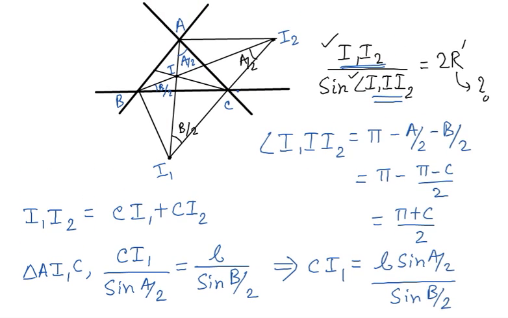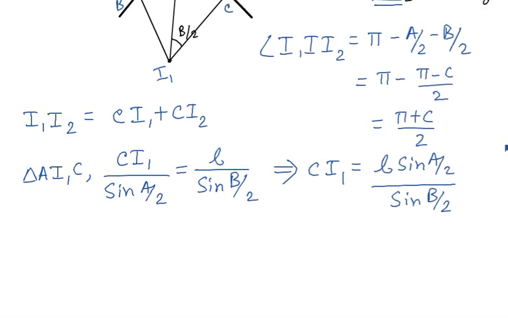And similarly, to find out CI2, we can take the triangle CBI2, right? CBI2 will be convenient for us.